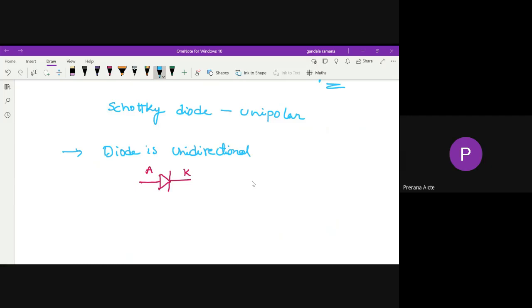In the diode construction, this is p type material and this one is n type. Holes move from the p side to the n side, which is conventional current direction, so the symbol is like this. It will block: current will not flow from cathode to anode.